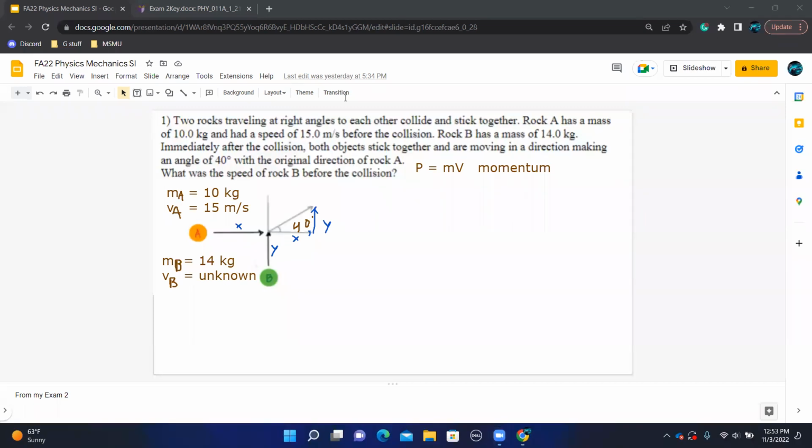So then in our x direction, I'm going to type it since it should be faster that way.